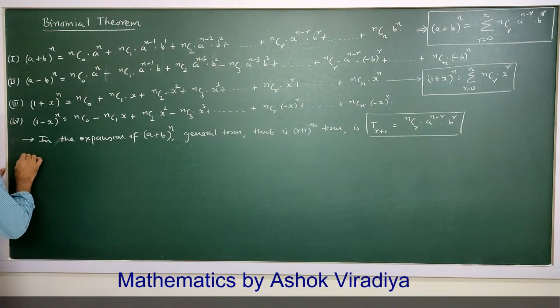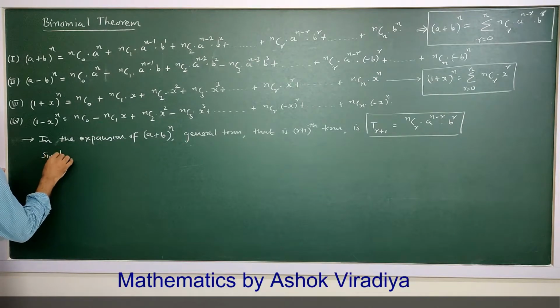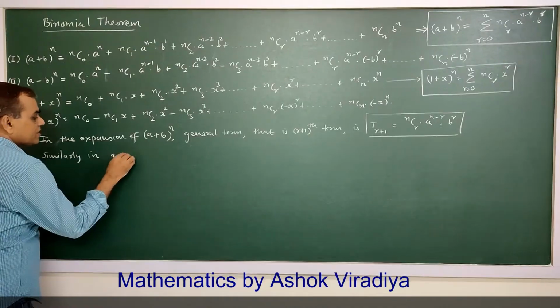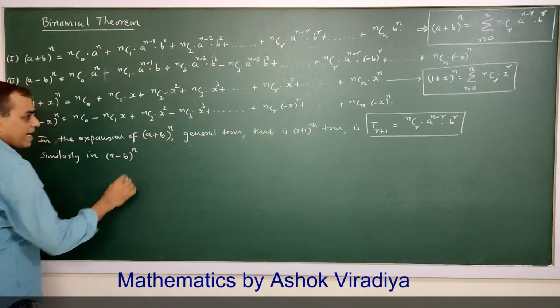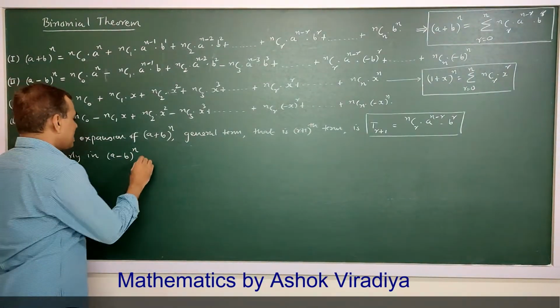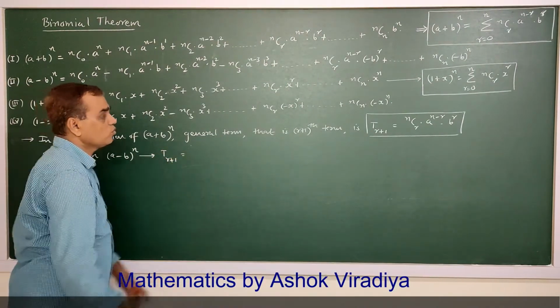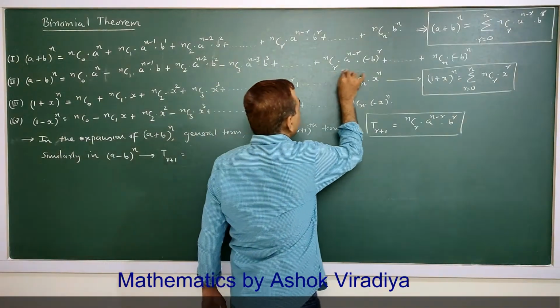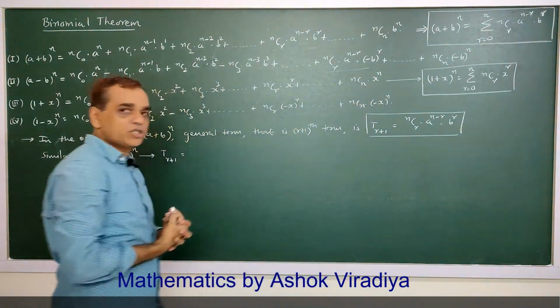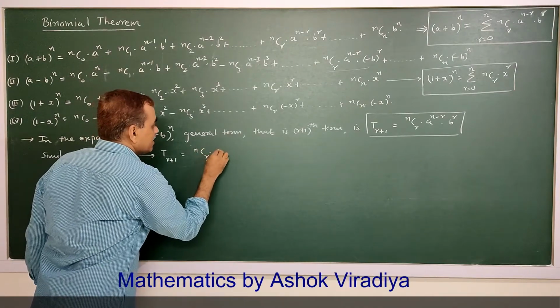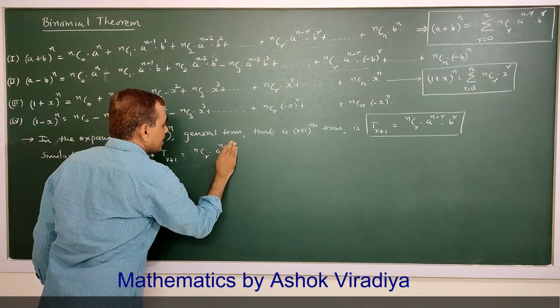Similarly, in the expansion of (a minus b) raised to n, the (r plus 1)th term is nCr a raised to n minus r.